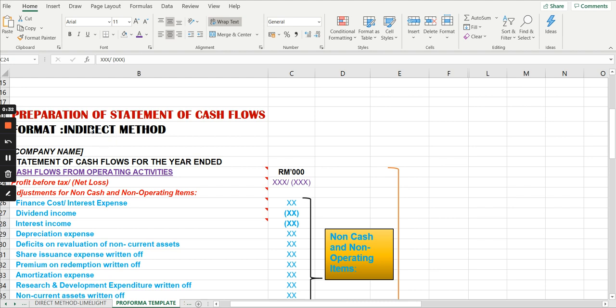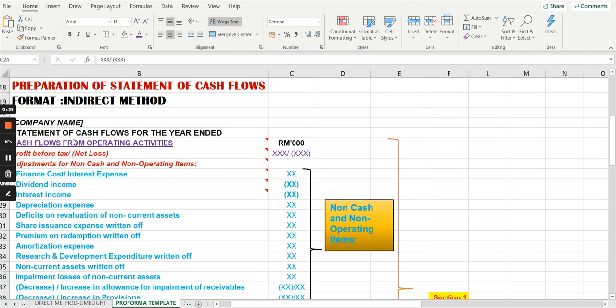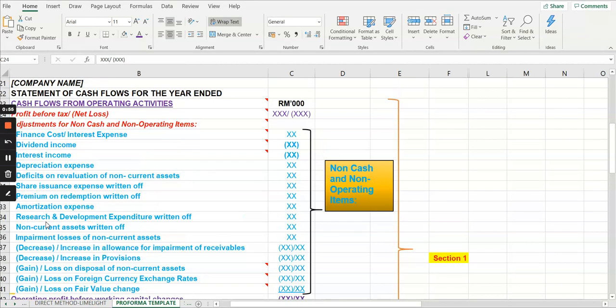And for today's session, I'm going to first show you the presentation of statement of cash flow before we prepare it using the indirect method. For your information, the difference between the direct method and the indirect method is just in the presentation of the cash flow from operating activities.